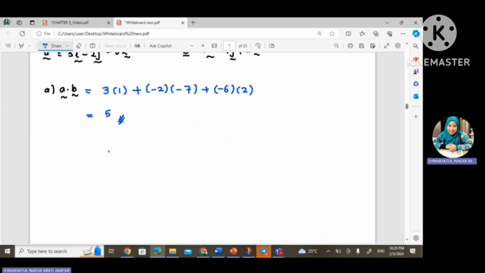Remember that the formula of magnitude is equal to the square root of x squared plus y squared plus z squared.